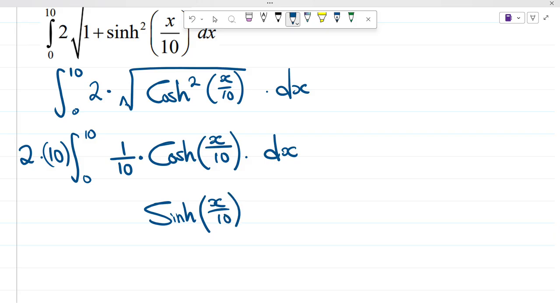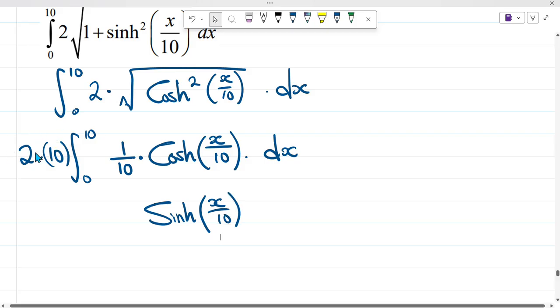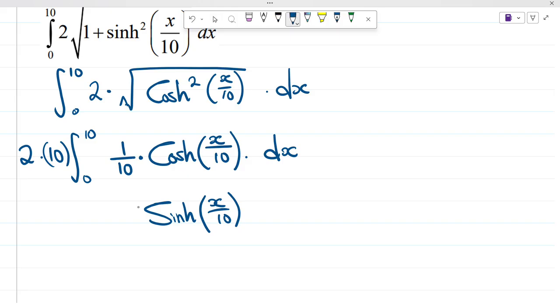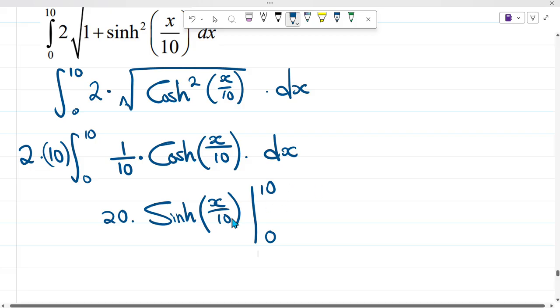But I shouldn't forget to take whatever is outside the integral along with me to the answer. So here I should write 20, because 2 times 10 is 20. Then I put my limits 10 and 0. Just like that. Makes sense, right?